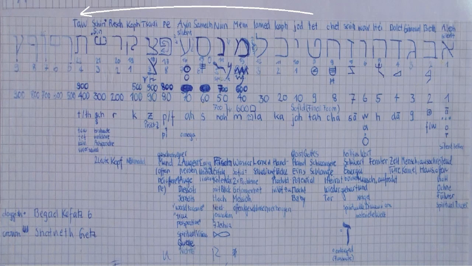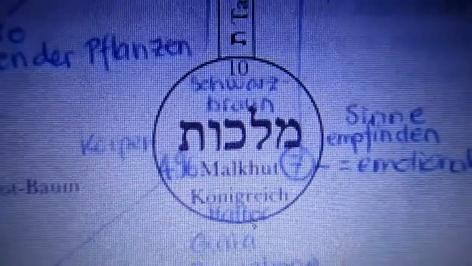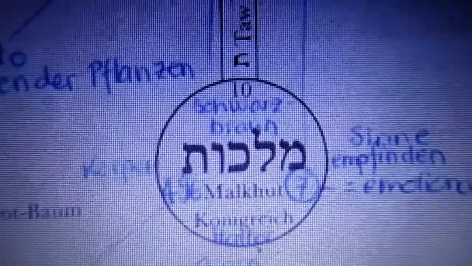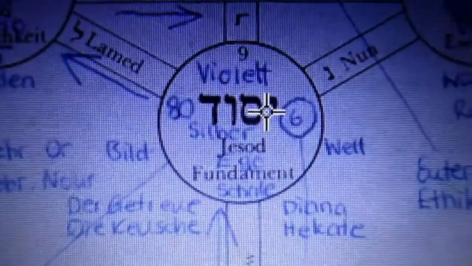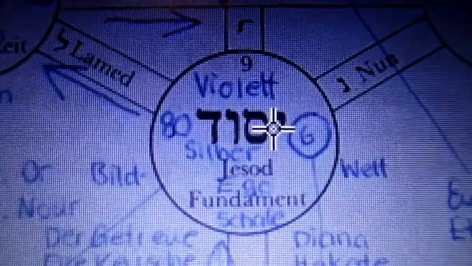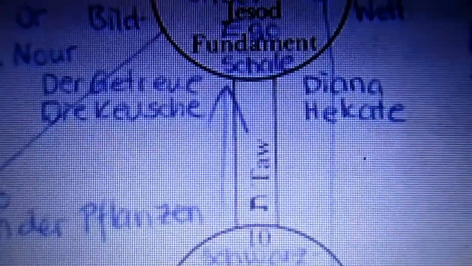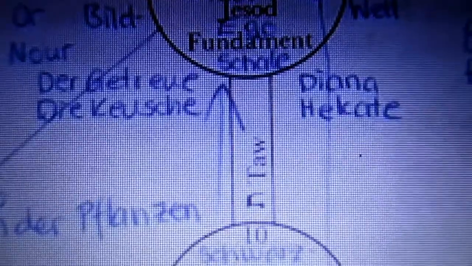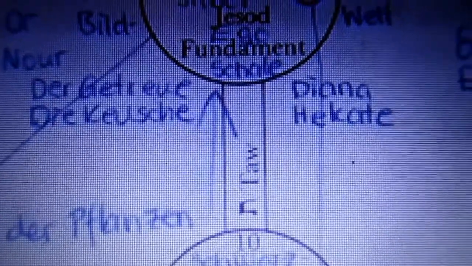in numbers. So Malkut, the fundament, is number 10, and when you go one down to number 9, you end at Yesod, which is Tav. The only place in this Sephirot tree of the Kabbalah where you find Tav on a path.